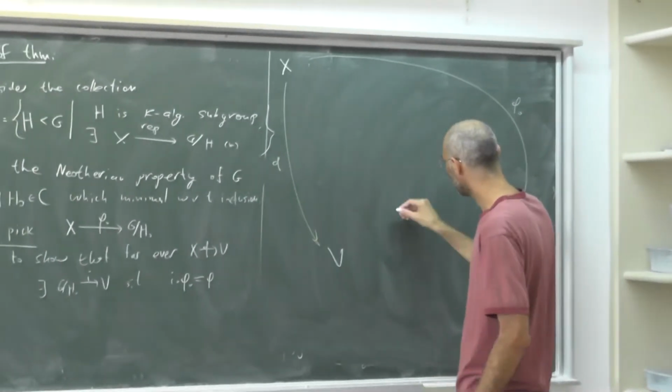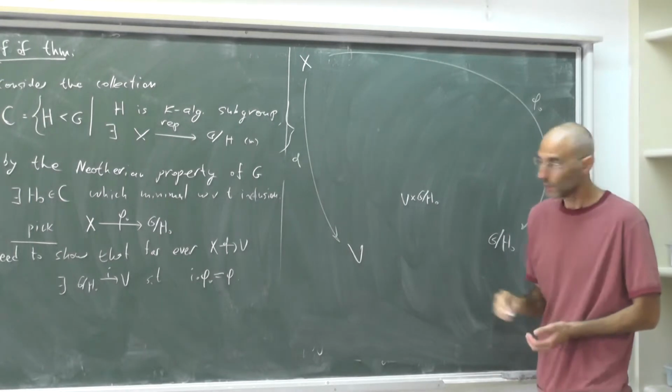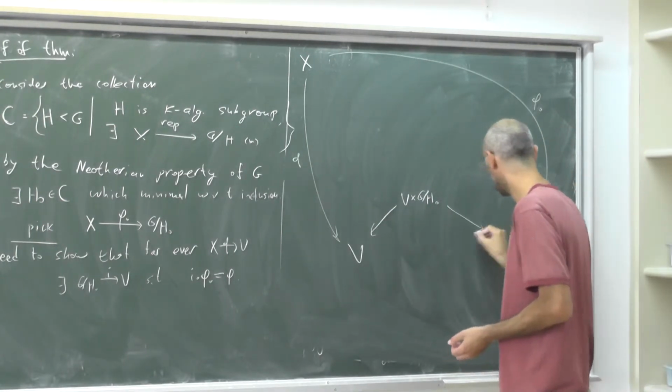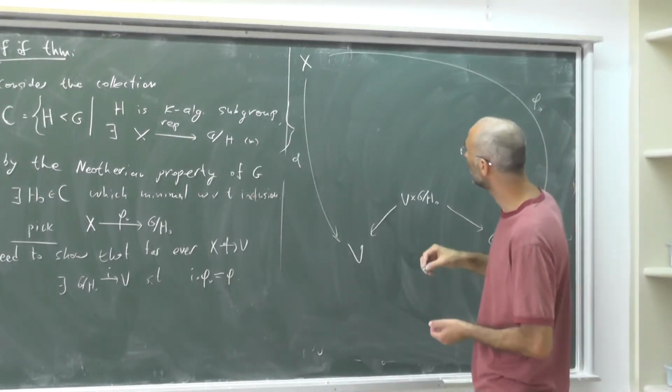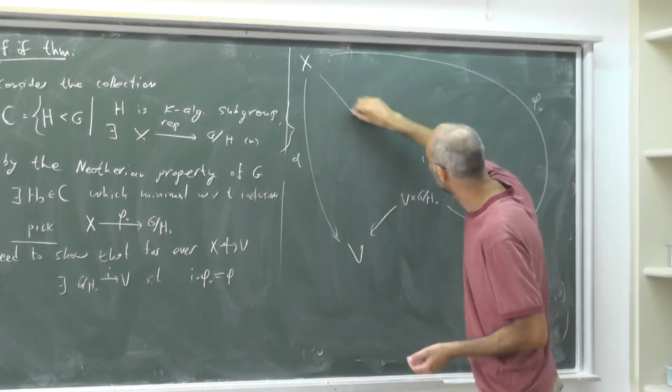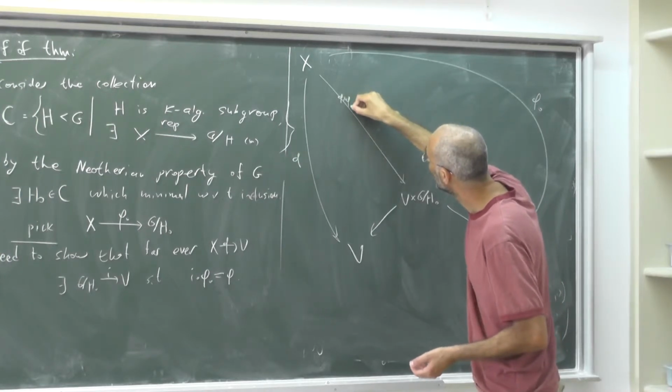And I will form the product representations. This is something I can do easily. Here's the product of the space, and of course I can take the product of these two maps. This is phi times phi 0.